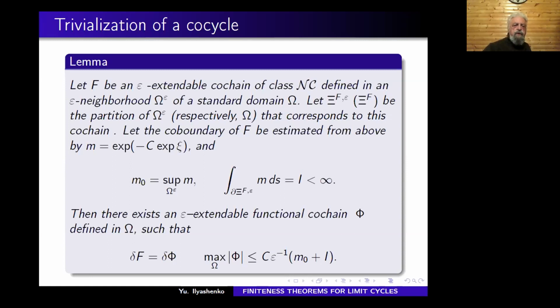But we want to find a nicer cochain with the same coboundary. And the lemma here claims that we can find a nicer cochain with the same coboundary, and it will be bounded, and its maximum will be estimated through some characteristics of our original cochain. Because of lack of time, I do not discuss this constant in detail, but this is some constant.